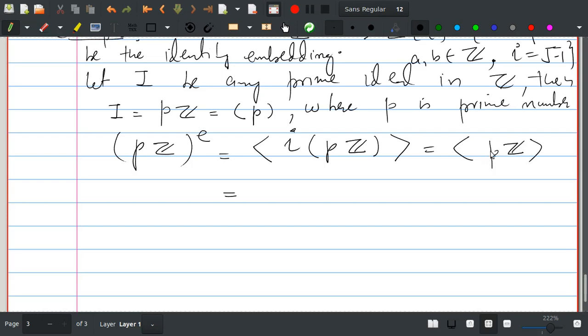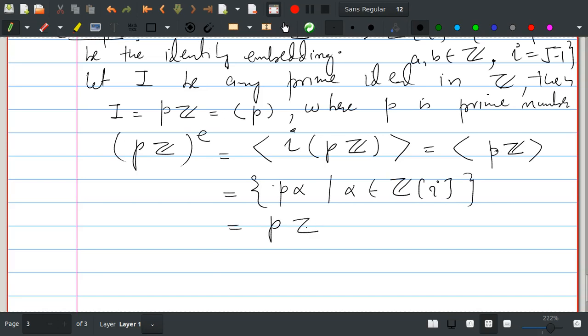So it contains elements of the form p times alpha, where alpha is in the ring of Gaussian integers. So this is the same as p times Z[i]. There is no distinction between these two sets. So this is just the extension.